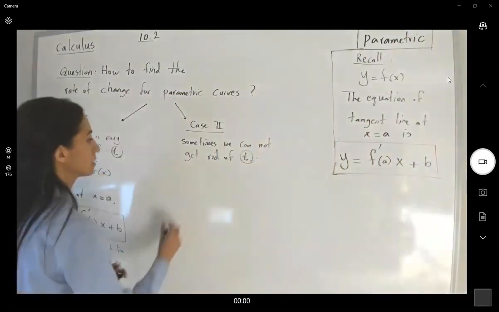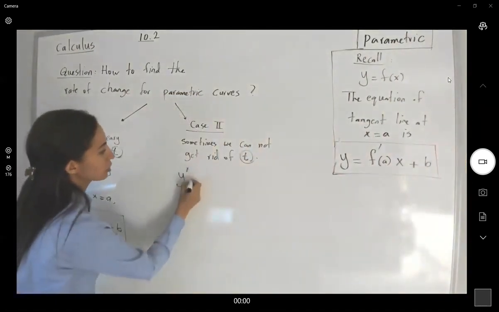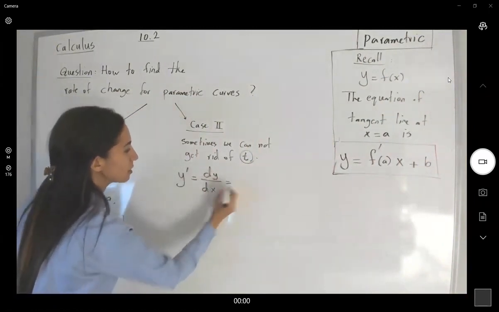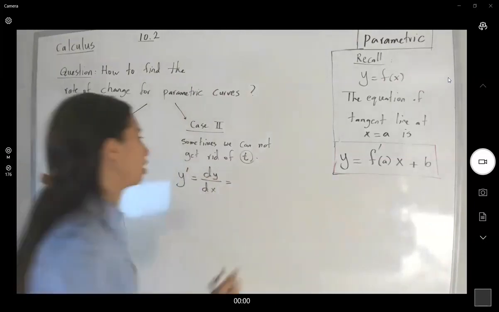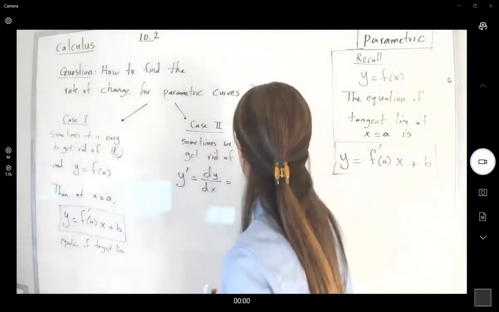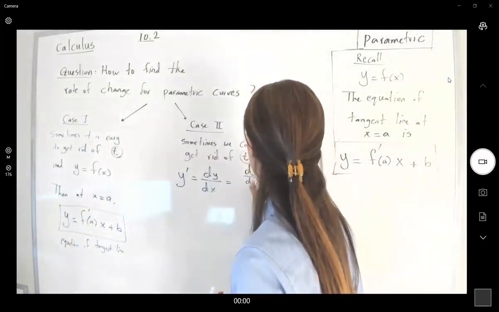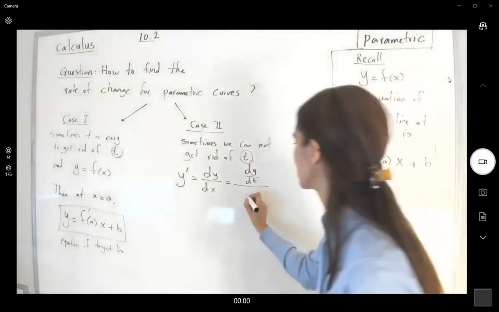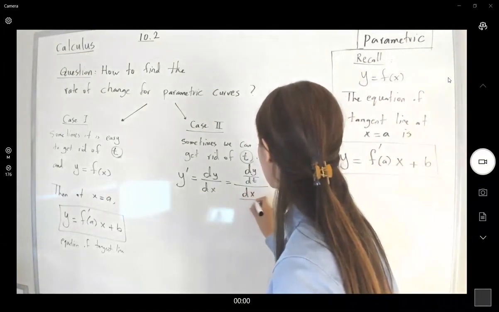So y prime, which is equal to dy over dx, is equal to the derivative of y with respect to t, dy dt, divided by dx dt.